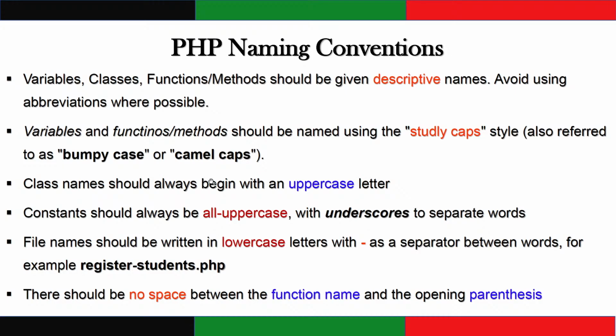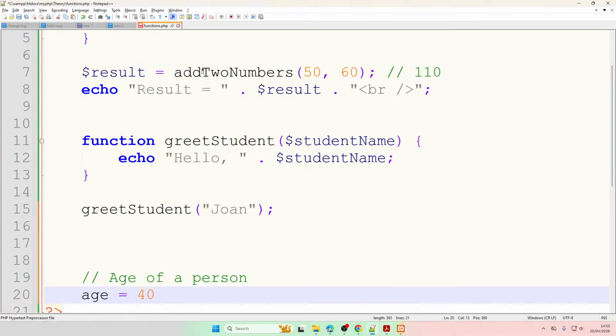And again, in case your variables or your function names have two or more words, make sure you combine the words together, something which we call the camel case. Look at my name for this function here.